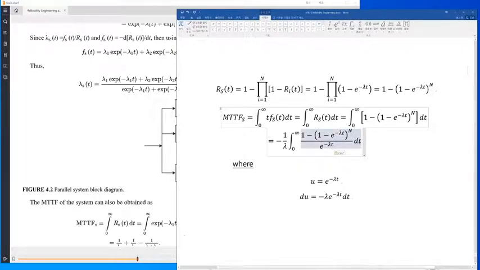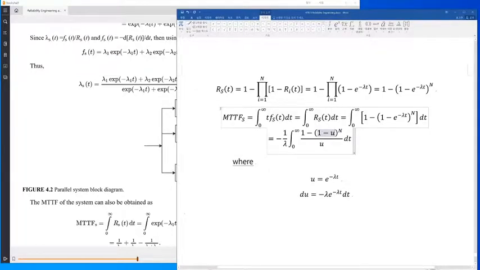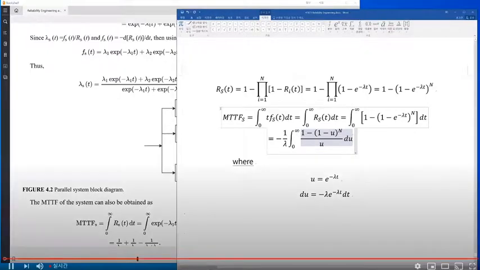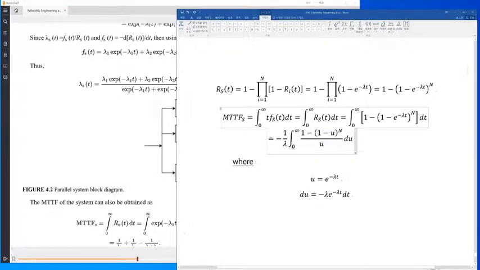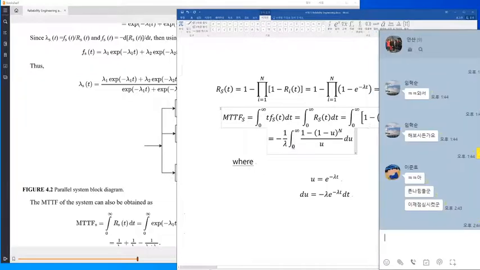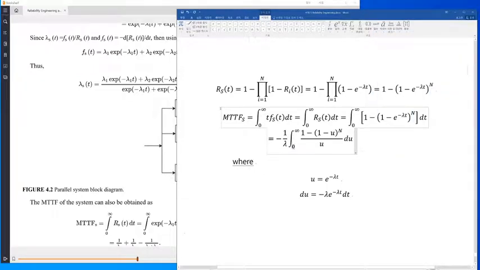And in fact, this is the same as u, and 1 minus exponential minus lambda t is also u, and this is du. When t equals 0, u is going to be 1, and when t approaches infinity, u will approach 0.